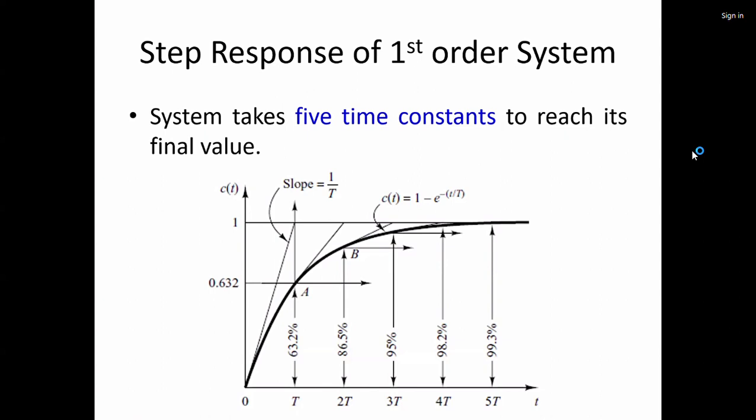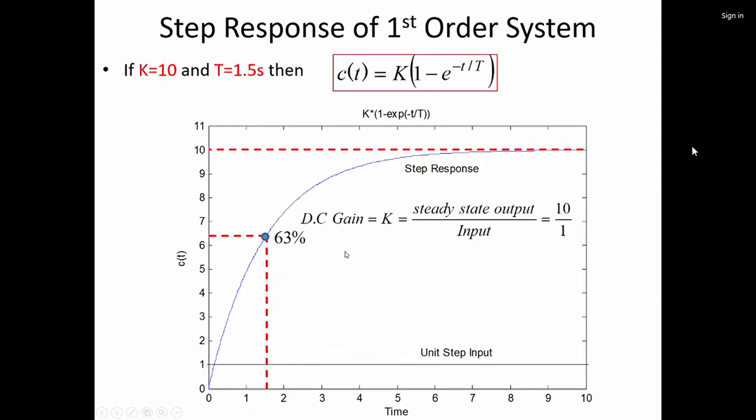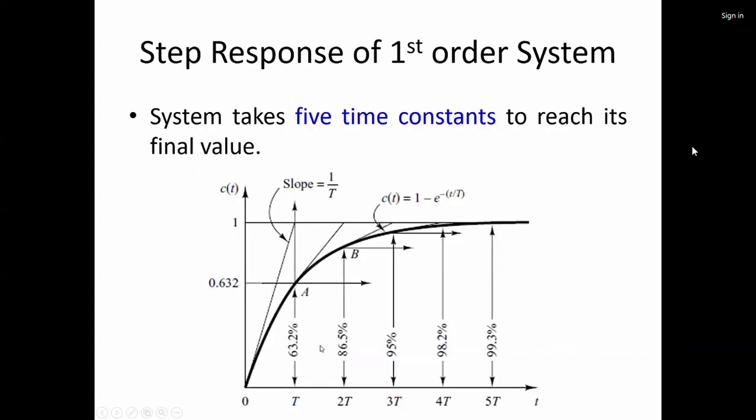Similarly, if you take twice the time constant, if your small t is 2T, then you will have 1 minus e to the power minus 2, and k is 10. If you calculate that, you can show that it will come out to be 0.865. That is 86.5% of the output.